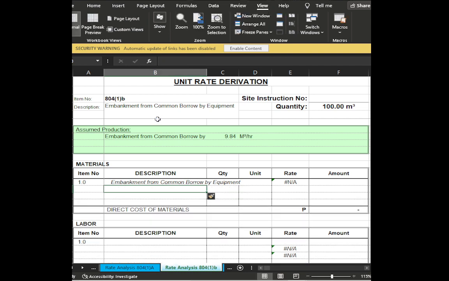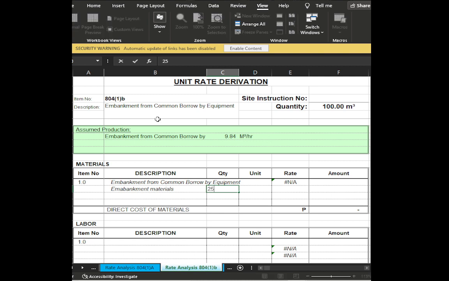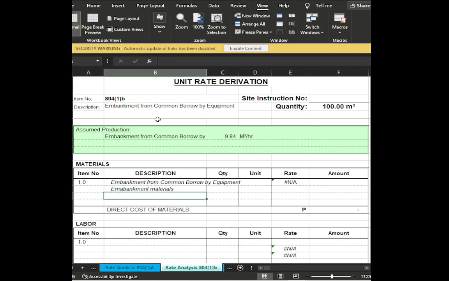We'll add the code of embankment materials. Then our quantity: we have a 25% shrinkage factor. We will just specify there the 25% shrinkage factor, like that one, guys.